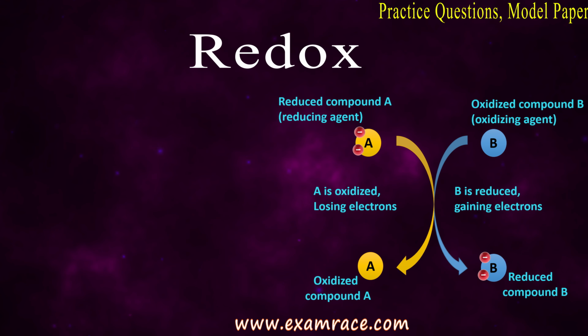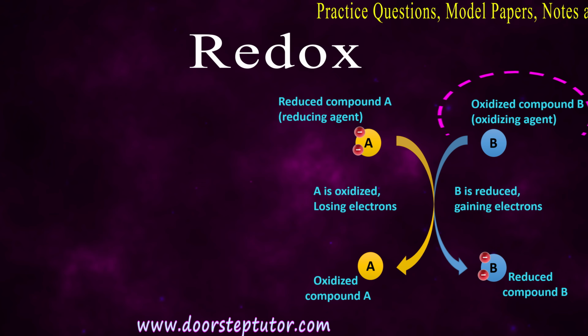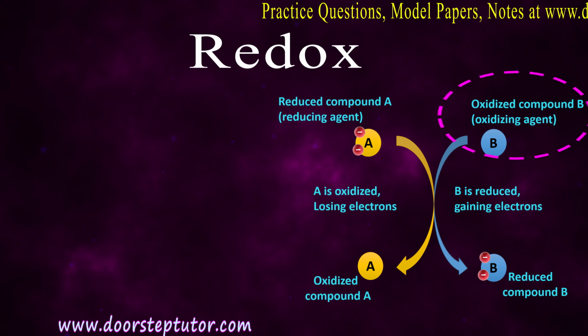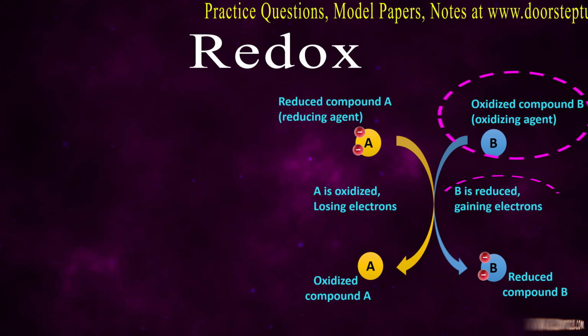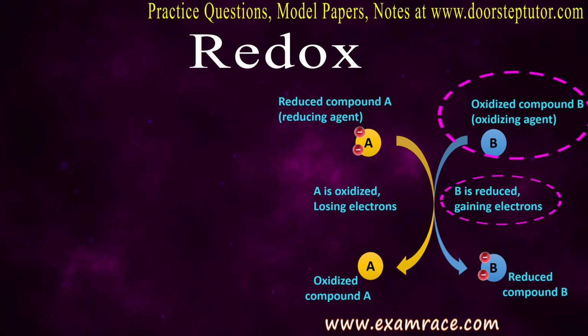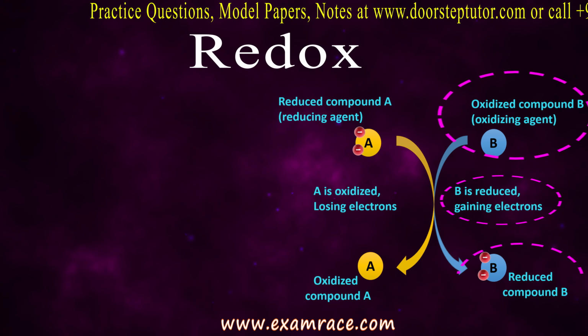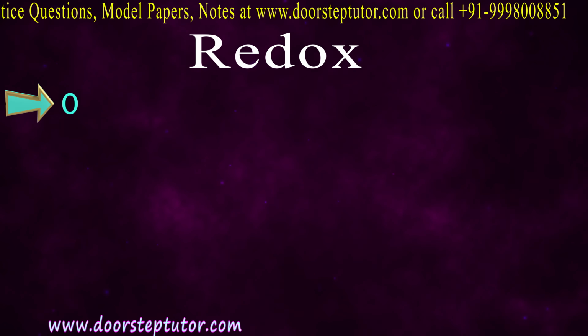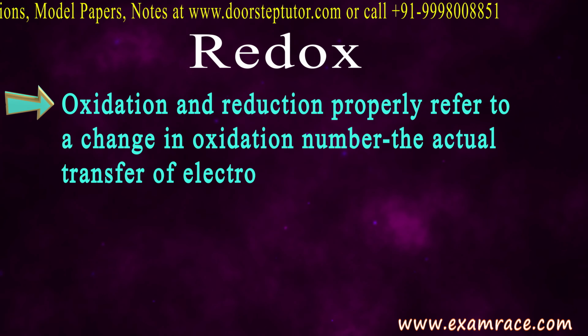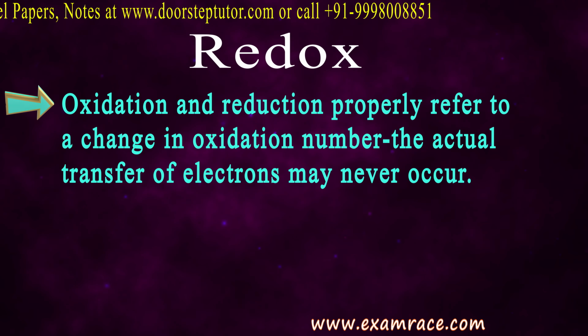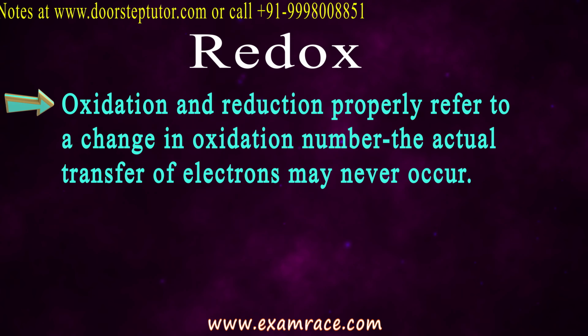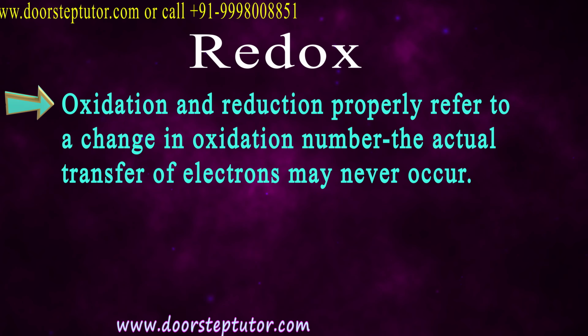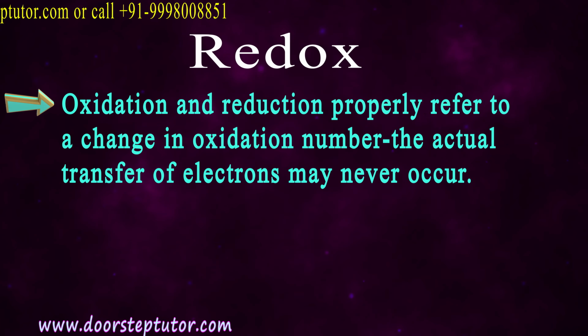On the next side you can see an oxidized compound B. What is it doing? B is reduced and it is gaining an electron. So B is called the reduced compound. The compound which is losing an electron is the oxidized compound, and the one which is gaining an electron is called the reduced compound.